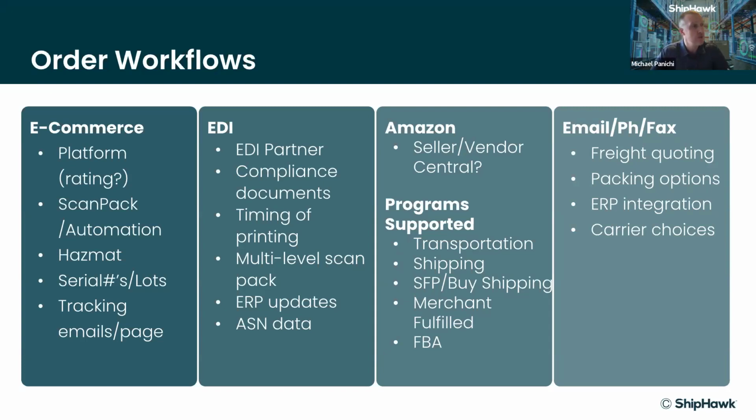In other words, if I'm a high volume shipper, let's say shipping 100,000 parcels per year, and I need a fast way to scan an item into a box, well, my TMS solution has to provide that packing capability, like ShipHawk does. And that's where scan packing and automation, rules engines come into play.